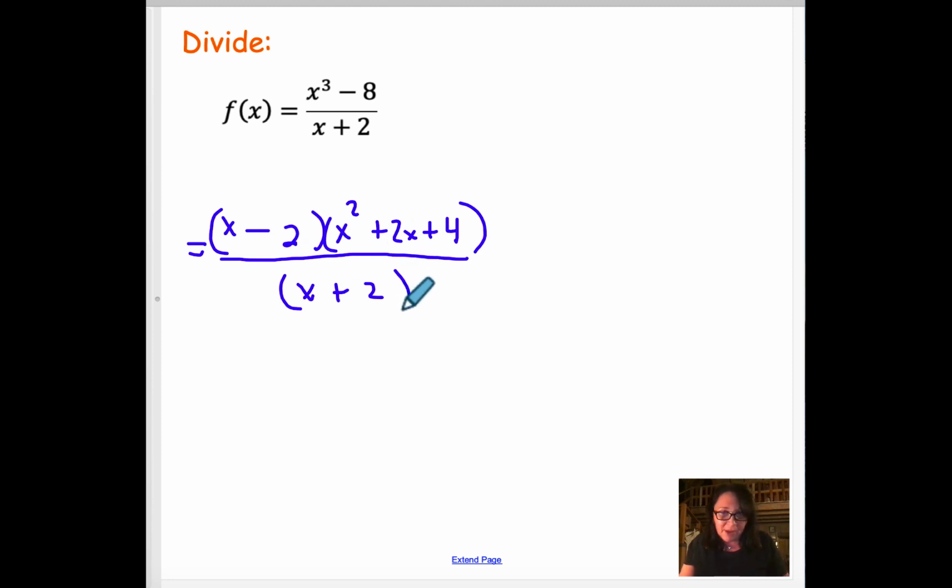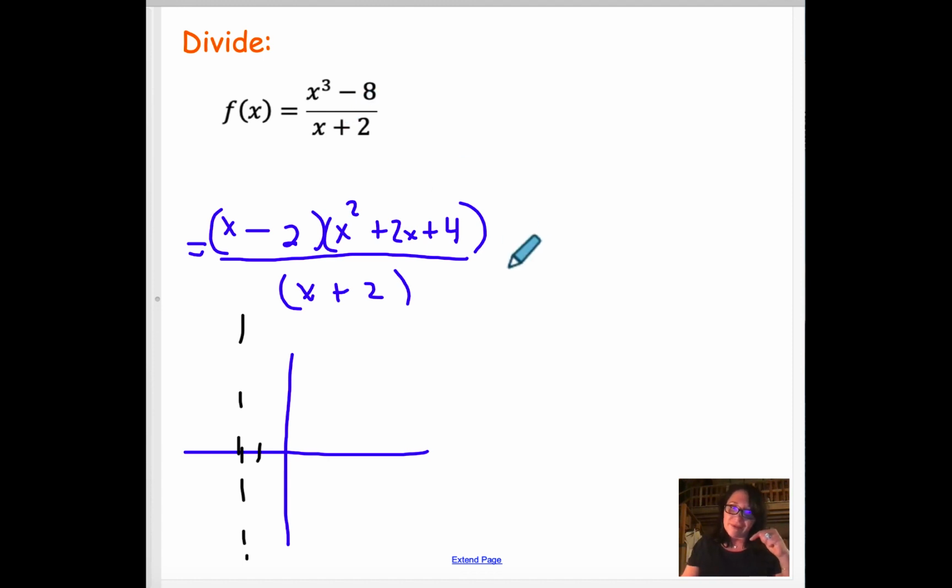So that would be a 1, 0, 0, -8. And in my little box here, I put -2, because remember, you have to set this equal to 0. We're going to add down, multiply across, add down, multiply across, add down, multiply across, add down.